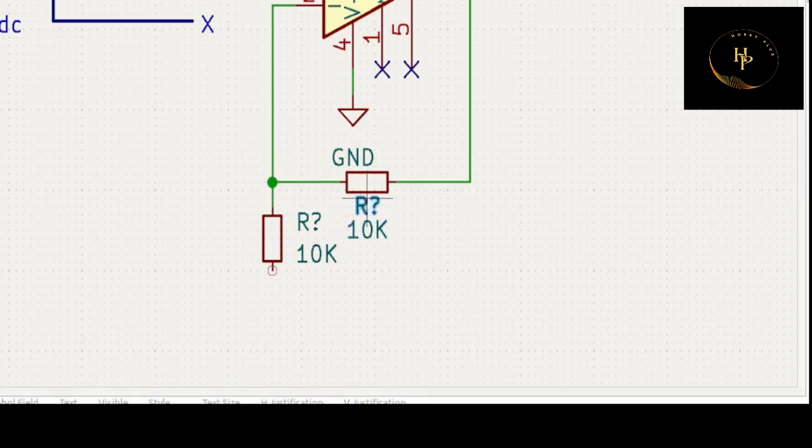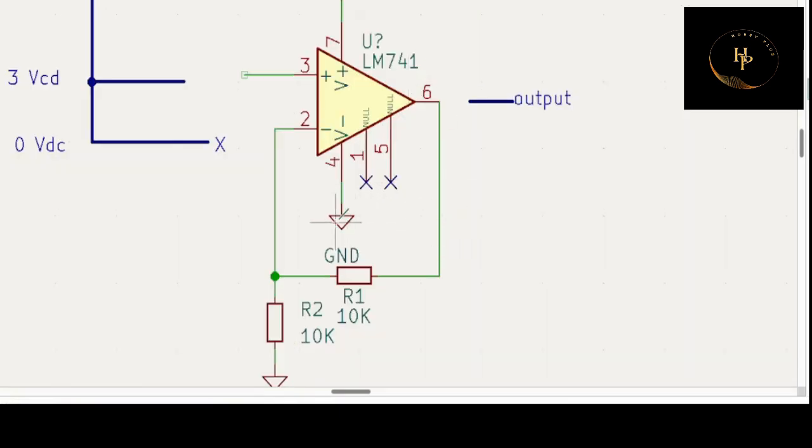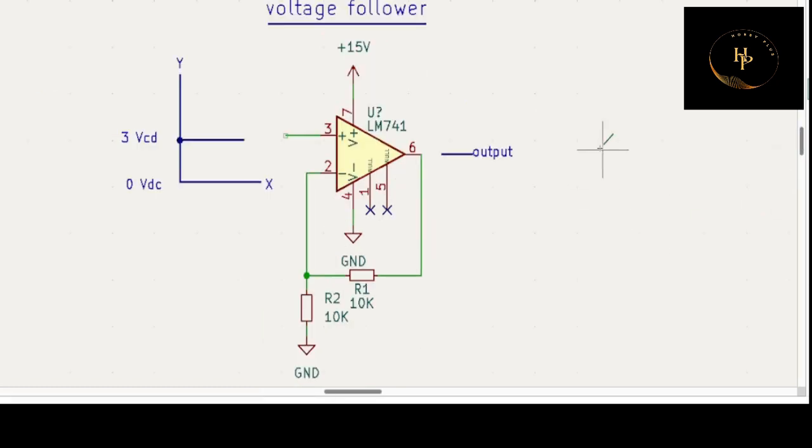Suppose it is R1 and it is R2, and I put ground here. In this circuit it is not a voltage follower, don't forget that. Why? I tell you.